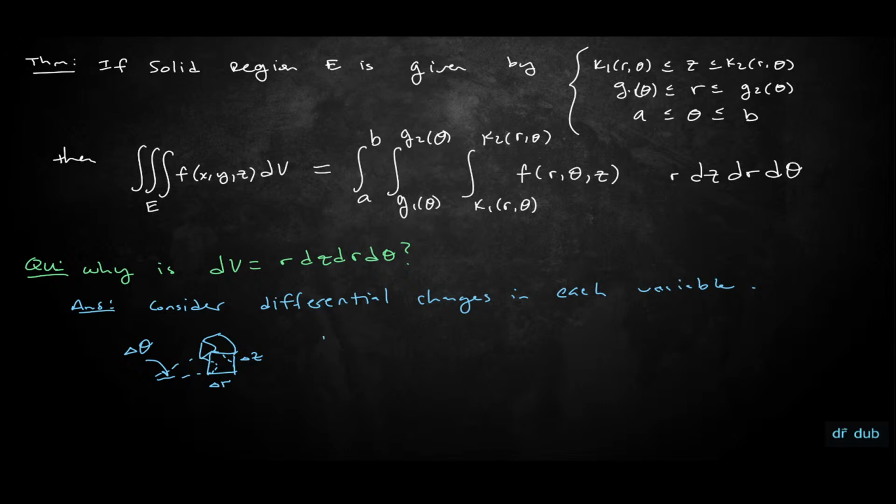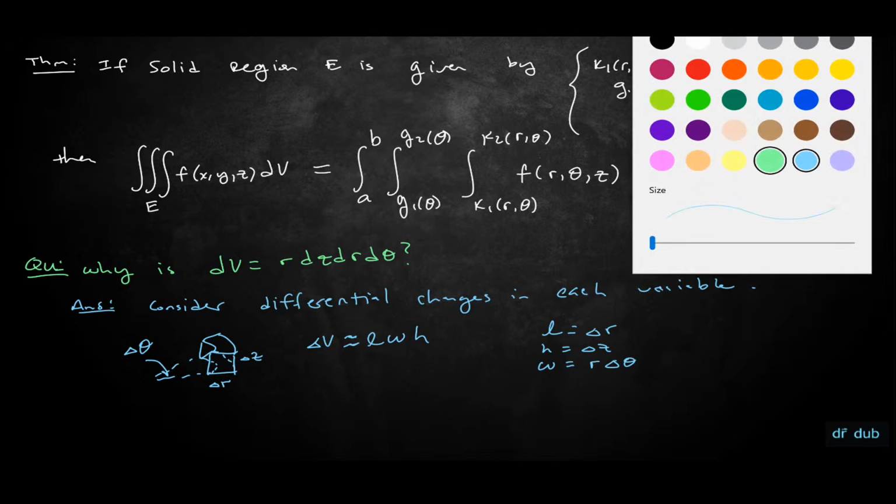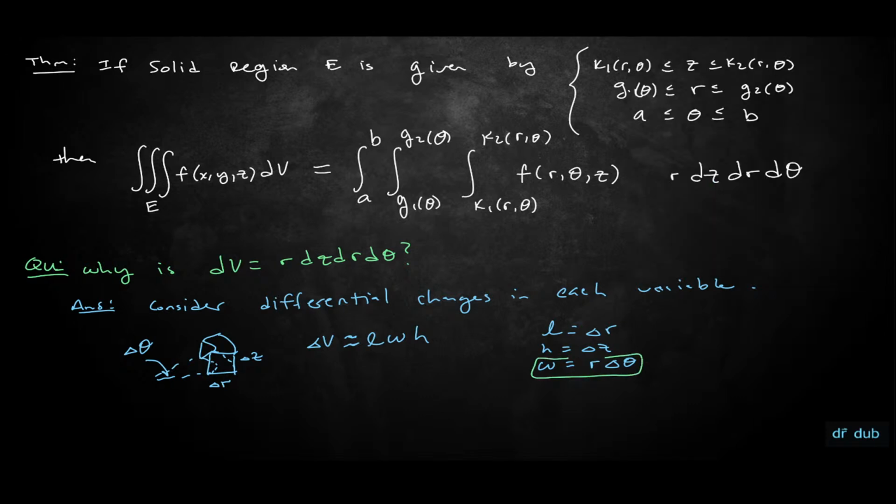So this delta volume is going to be the length times the width times the height, approximately, because the changes are so small. It's basically like a rectangular solid, even though I've kind of exaggerated the curvature. The length would be delta R, the height would be delta Z, and the width would be the arc length R times delta theta. So this last one is kind of the key. It's an arc length.